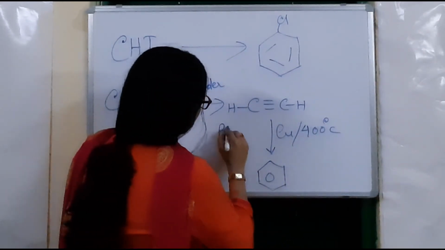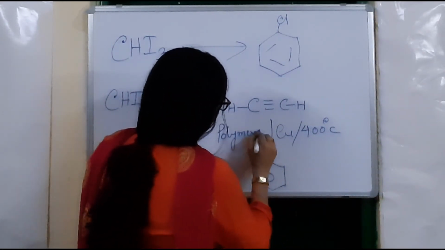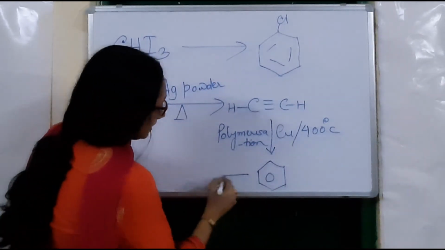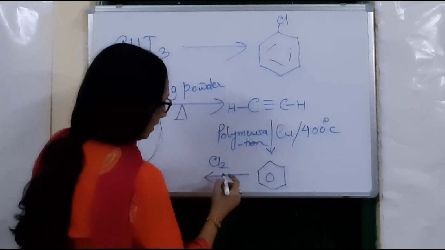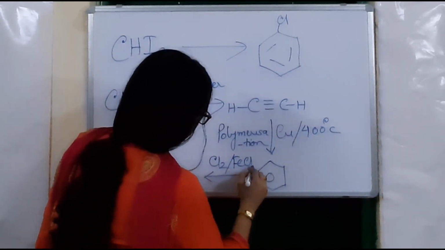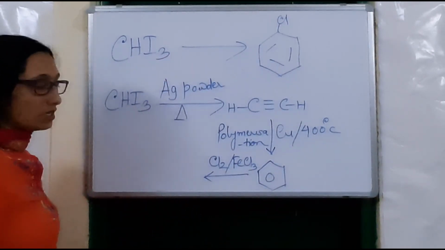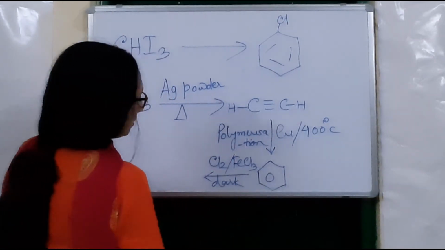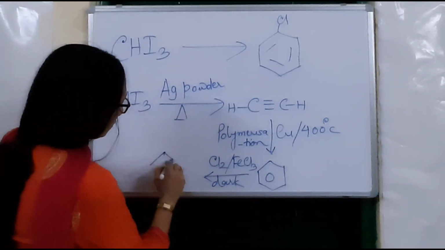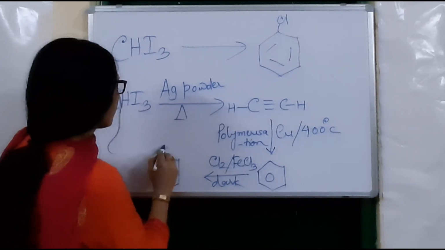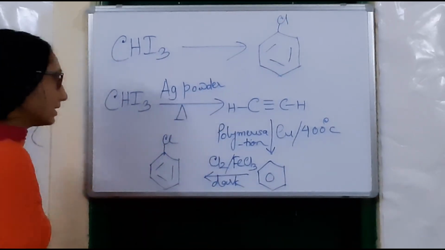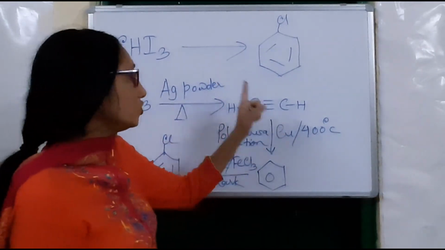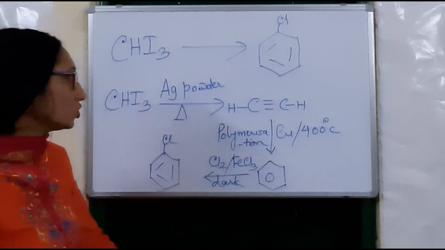This is polymerization. Now this benzene, when I treat with chlorine in the presence of Lewis acid, it can be FeCl3, AlCl3, whatever, in the dark, at ordinary temperature, we will get chlorobenzene. So iodoform to acetylene, acetylene to benzene, and benzene to chlorobenzene.